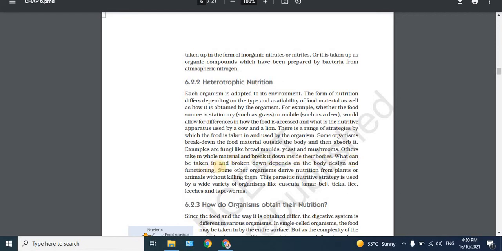What can be taken in and broken down depends on the body design and the functioning. Some other organisms derive nutrition from plants or animals without killing them. This parasitic nutritive strategy is used by a wide range of organisms like Cuscuta, ticks, lice, leeches and tapeworms.